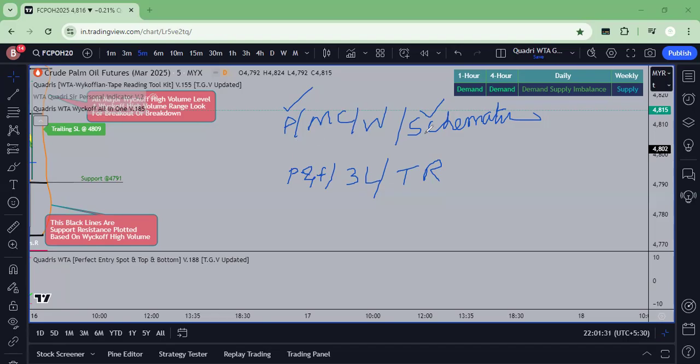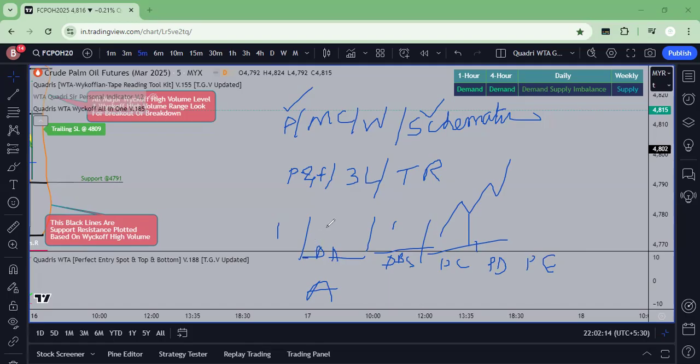So with phase analysis and schematics, for example, if we identify an accumulation phase, then there has to be preliminary buying or supply, and after that we identify phase A. Then testing occurs at this bottom level, and that is referred to as phase B. Phase C is when the price is going to go upwards, and then phase D, and then phase E. For example, a secondary test would be in phase B and phase A, with an automatic rally or automatic reaction, whatever you want to name it.